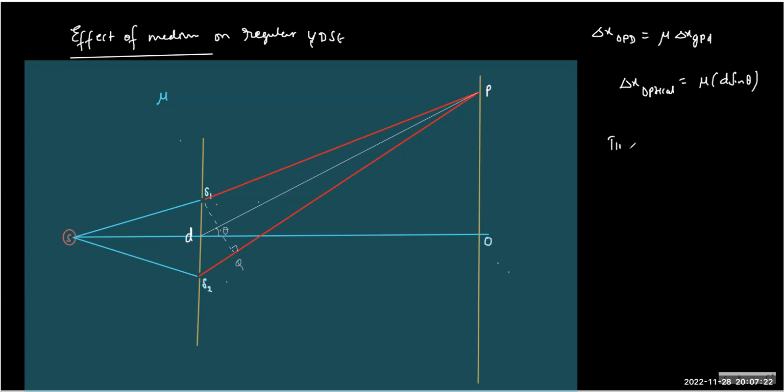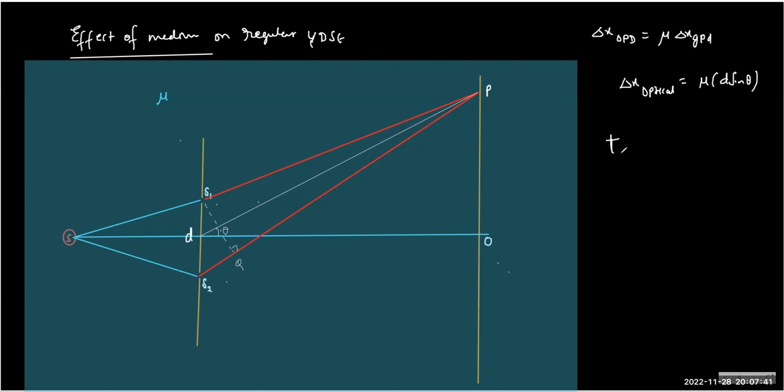If you remember the optical path calculation, I'll tell you what is optical path. Let's say you go from the source to the point P via S1.